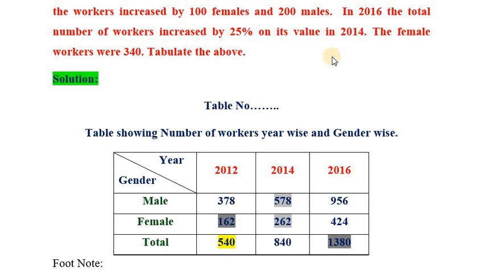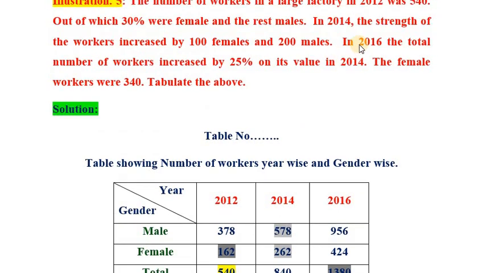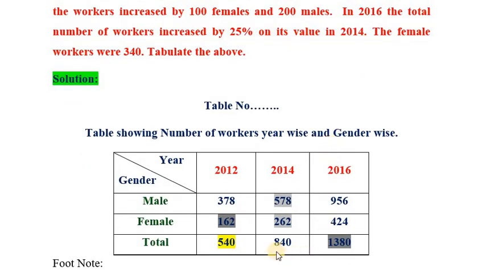And 2016, the information is, in 2016, the total number of workers increased by 25% on its value in 2014. So, in 2014, there were 840 workers. So, in the year 2016, the strength of the workers has increased by 25% on 840.